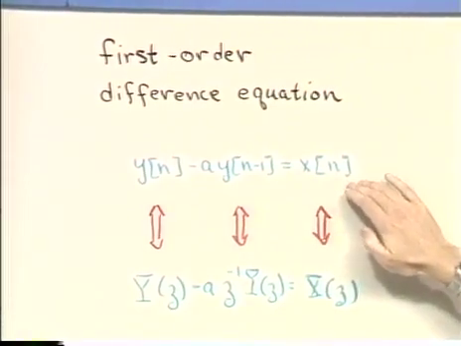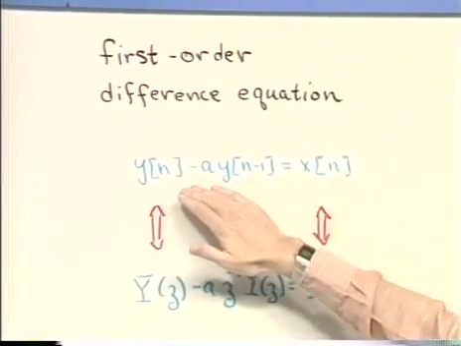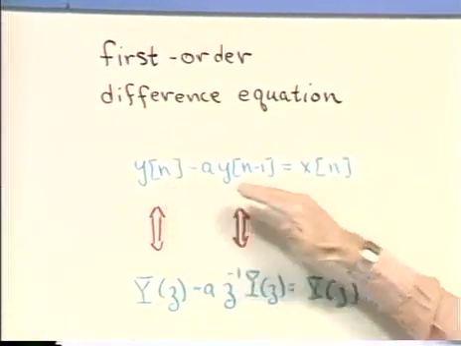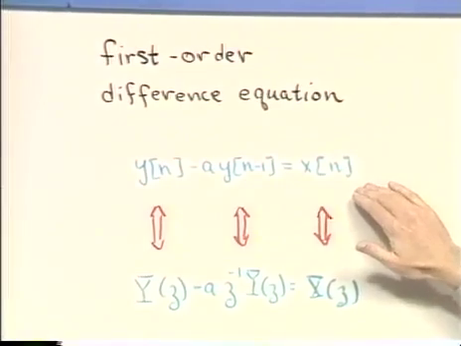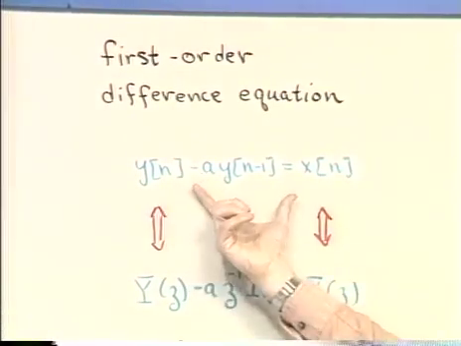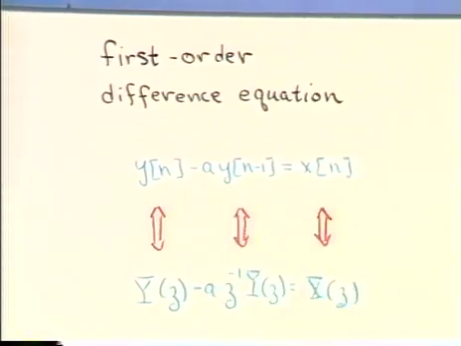And we can use the linearity property, so that if we take the z-transform of both sides of this expression, that will be the z-transform of this term plus the z-transform of this term.